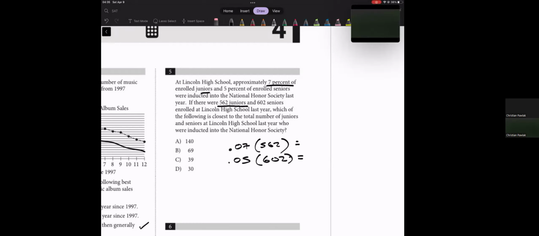I figure out that 0.07 times 562 is equal to 39.34 students. And 0.05 times 602, right on my calculator, gives me 30.1. So in total, that gives me somewhere around 69 students. So luckily, that is the answer right there.